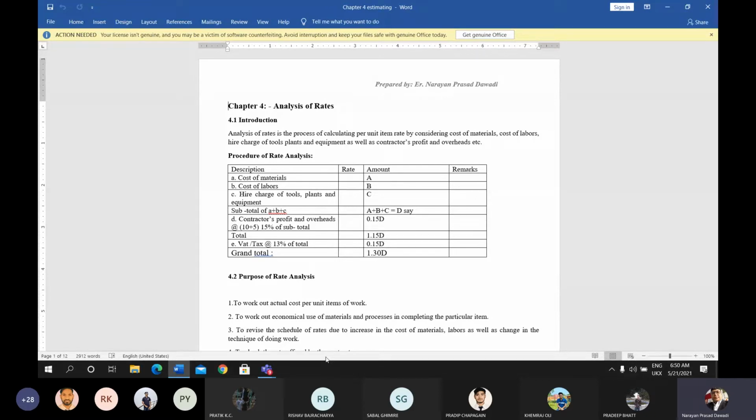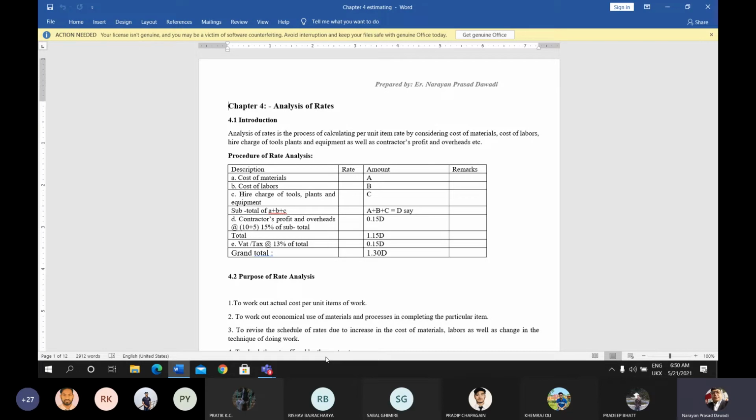This overhead is generally used for the contractor to hire his supervisor, to make his office, and to pay office staff and other official works. That's why this 5% should also be considered. Total contractor profit and overhead are mentioned under a single heading as 15% of subtotal.